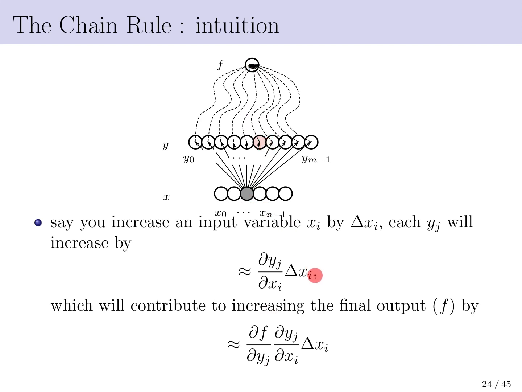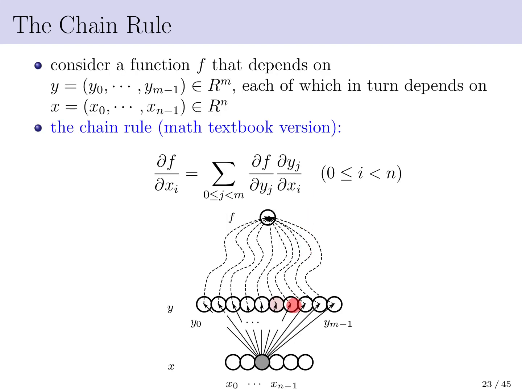Because by increasing xi slightly, actually each of these yj's might change, right? In total we have a change to f that can be described by something like this, which is the summation over all y variables.